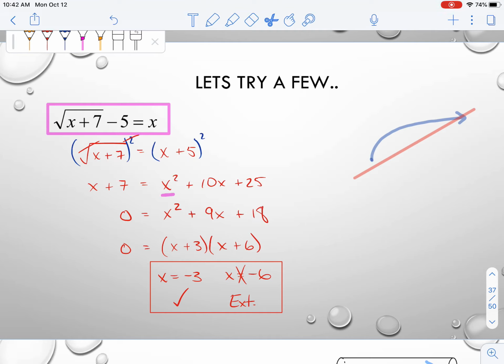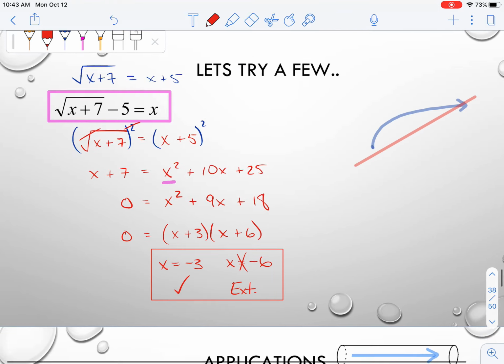Because what I really have, if I came back to this, when I had square root of x plus 7 equals x plus 5, is a square root function on one side and a linear function on the other. So there are a lot of different cases that could be taking place here, and this is why we have to go back and check for those potentially extraneous solutions.